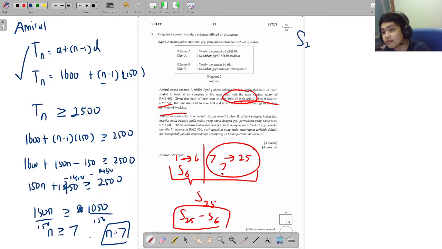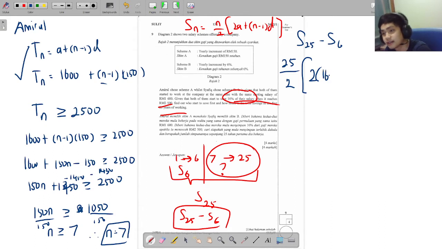So S25 minus S6, using the formula for Sn. I'll write down the formula here in case any of you do not know it: Sn equals n over 2, bracket 2a plus n minus 1 d. So from here, 25 over 2, bracket 2 times a, his starting amount, is 1,600, plus n minus 1 is 24, d is 150.